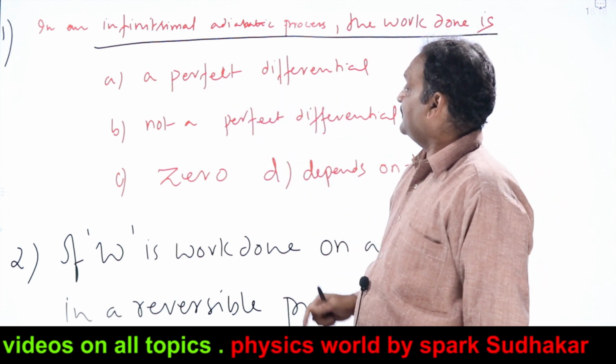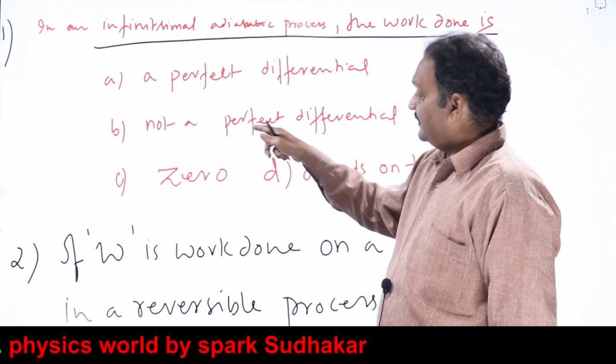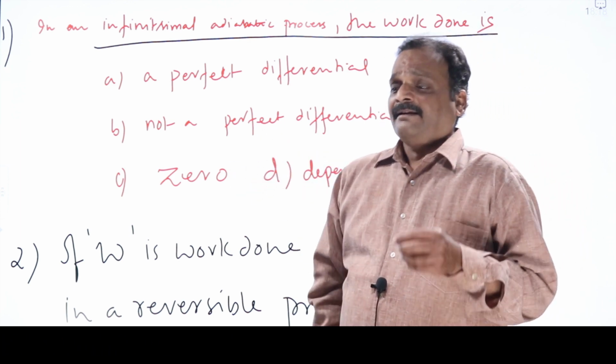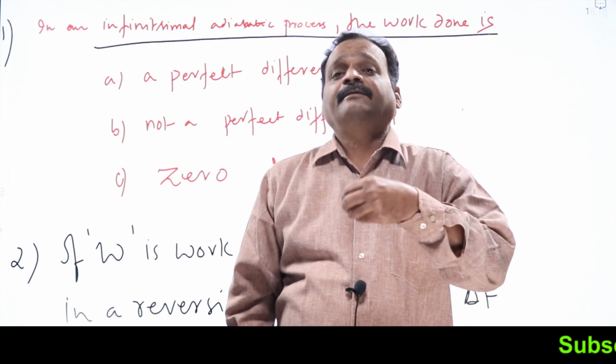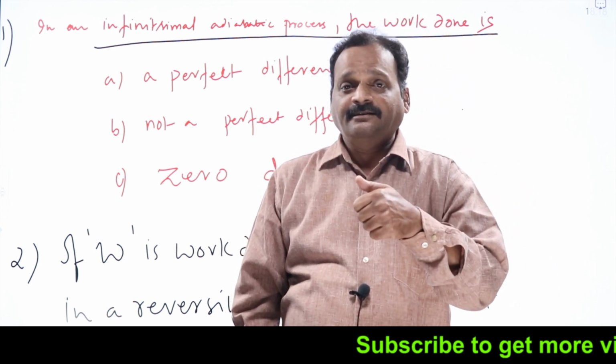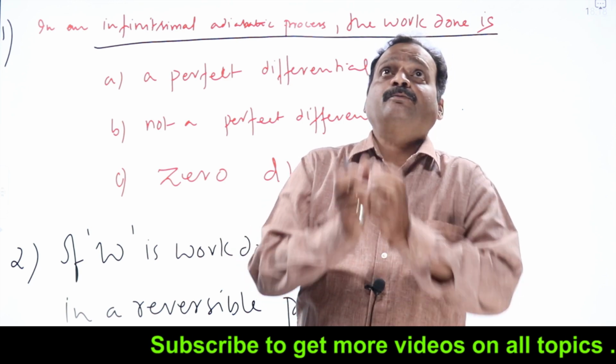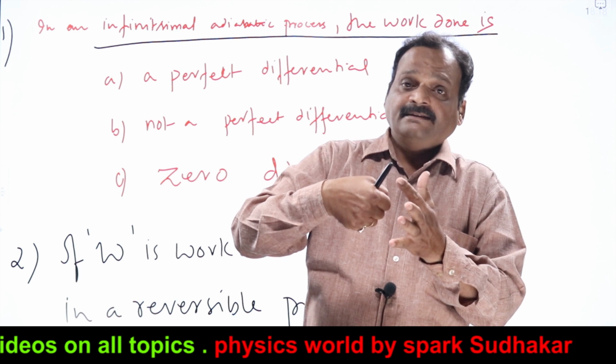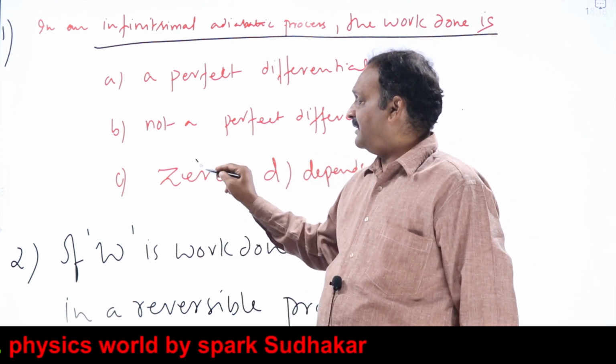A perfect differential, not a perfect differential, 0, depends on temperature. In an adiabatic process, heat given to or taken from the system is 0, isn't it? Work done is not 0. If you expand, the gas has to push the piston up. If you compress, you have to do some work on the piston. So work done 0, this option can be eliminated.